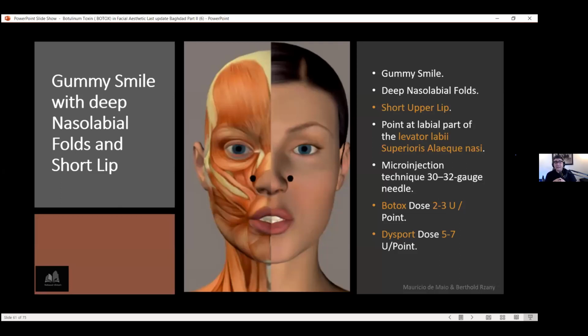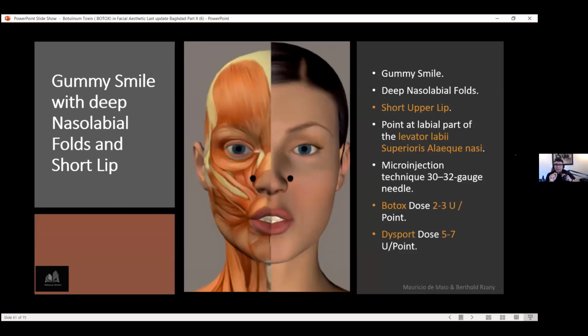So I'm going to manage both issues, the aesthetic issue in that area, by choosing this point to relax the nasolabial and transfer the deep nasolabial fold to a flat nasolabial fold at this muscle. As a beginner or conservative injector, I have to choose a very small needle, like 30 to 32, which is a great size for this type of injection because you are not deep and you are using a micro injection technique.